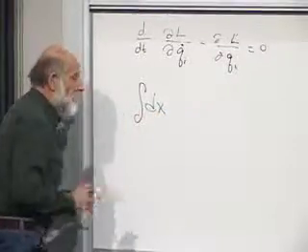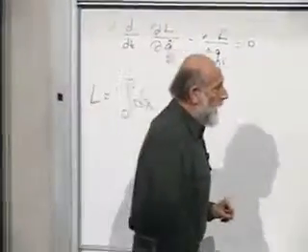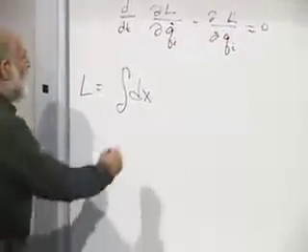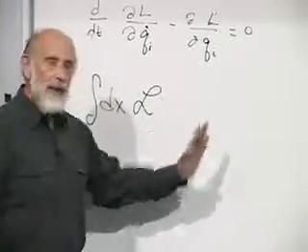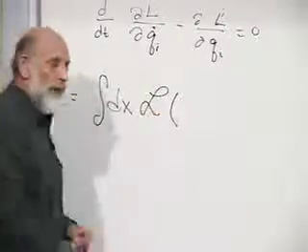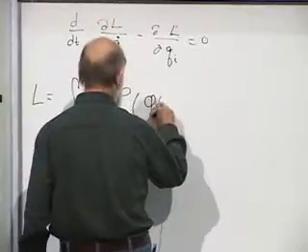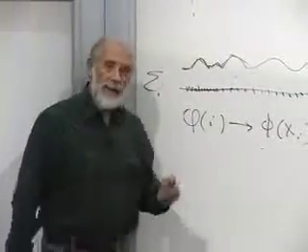Now, x does not stand for a particle location. The integral over x replaces the sum over i, the integral dx of some Lagrange density. Lagrange density means you integrate it over space to find the Lagrangian. And what does the Lagrange density depend on? In general, the Lagrange density will depend on the values of the fields at each position. It will depend on phi of x. It may also depend on differences of phi at neighboring points.